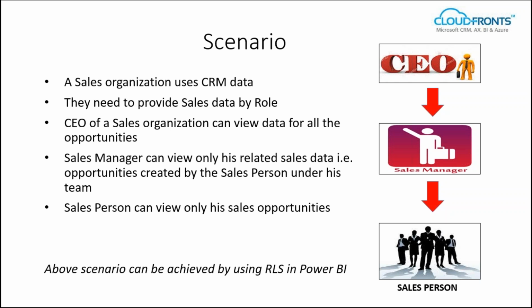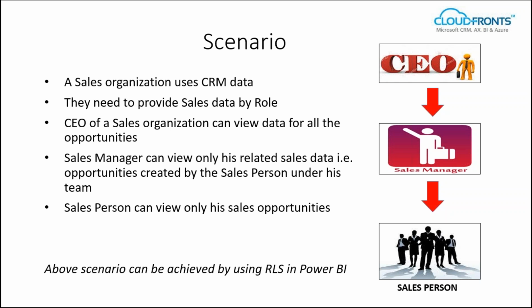In this scenario, we have considered a sales organization that uses CRM data. There are three hierarchy levels: the CEO, the sales manager, and the salesperson. The CEO of the organization needs to view all the data related to his organization.